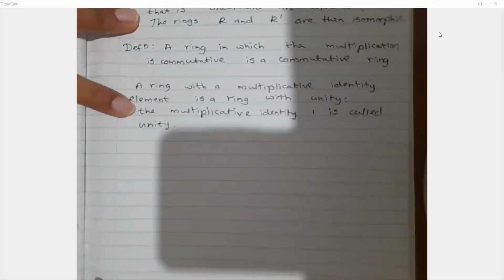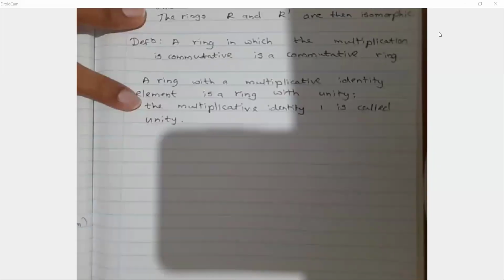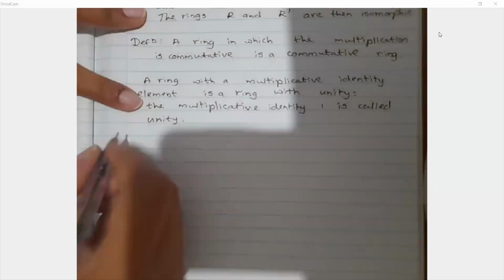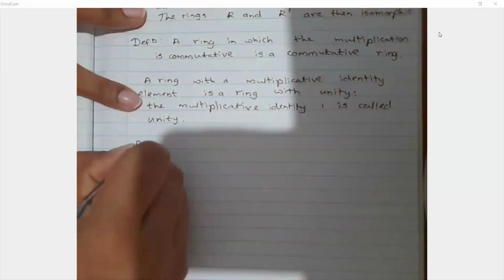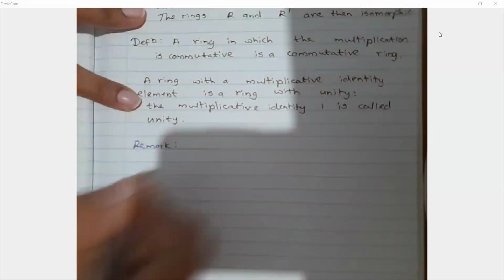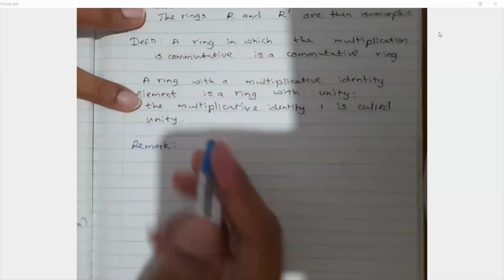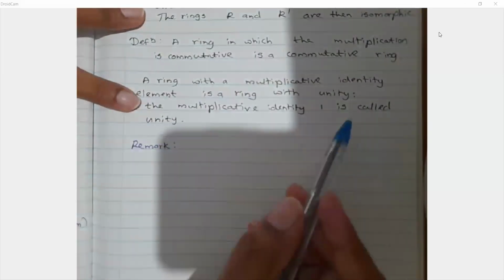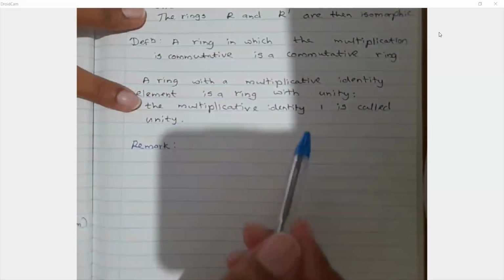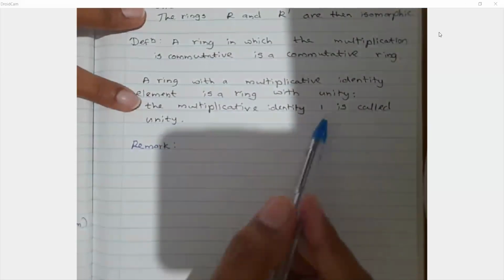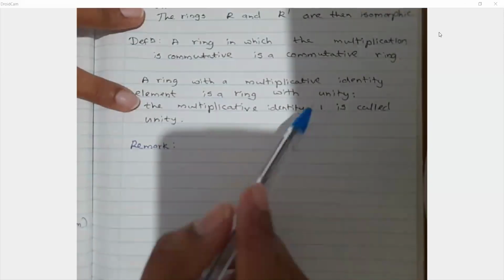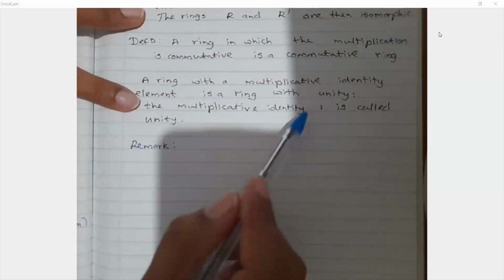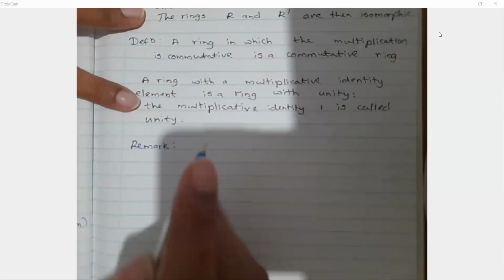Okay. Now, one important remark I'll put over here before we get to the next example, right? So 1 is a multiplicative identity, right? This is what we call the unity. A ring may have the unity 1. We will go over some examples.